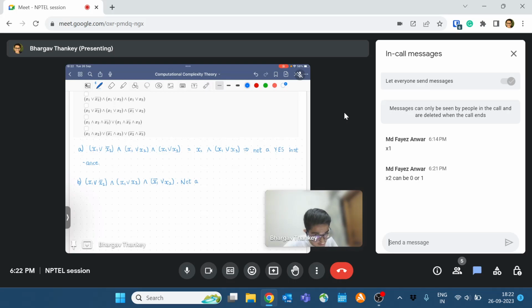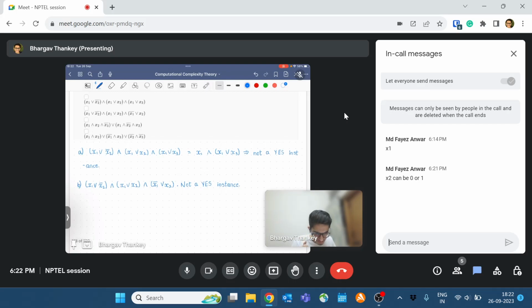So x1 and the complement of it, which is a contradiction. x1 and x2. So okay, why is this a contradiction? This is x1 and x1 complement or x2. So x1 is 1 and so this has a satisfying assignment. X1 equals 1, x2 equals 1.